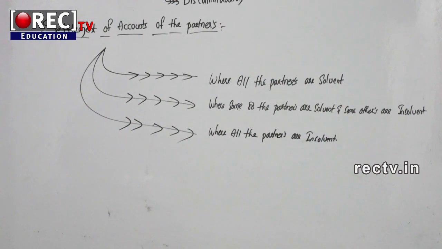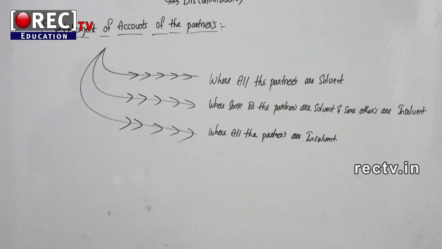The main note here is, you should not consider realization profit or loss. Before the dissolution you should settle all the accounts, like whatever profit you should share, whatever reserves you should share, whatever losses you should share, and interest on drawings you should share. All the treatment before the dissolution you should treat.